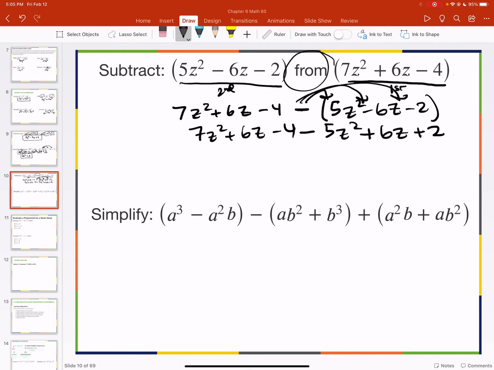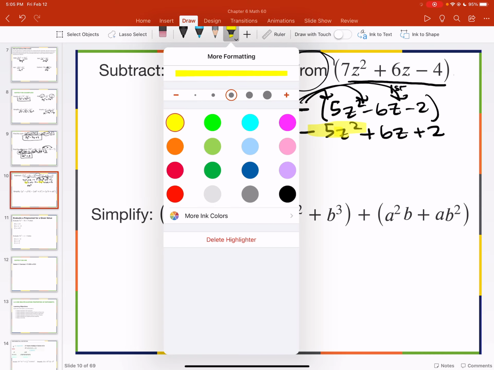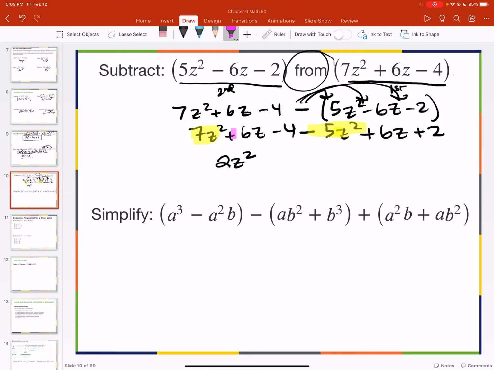And then we combine like terms. So then we just look at which ones are the like terms. It would help to just underline them or draw a box or whatever it is. So like here, you see the z squared terms. So we combine that and that becomes 2z squared. Okay, and then we'll have 6z plus 6z.